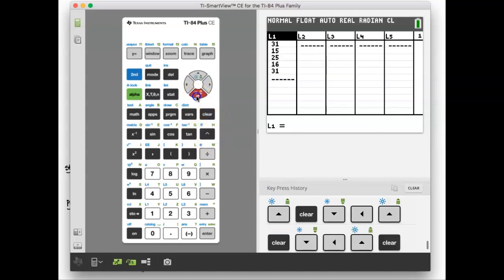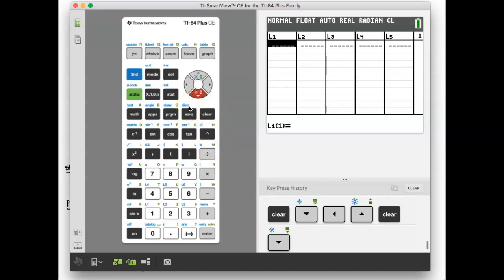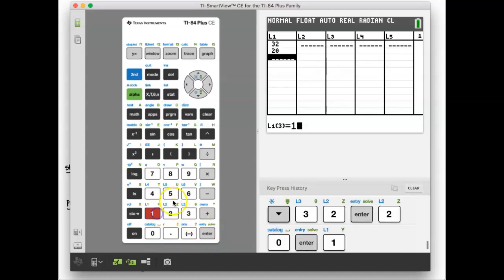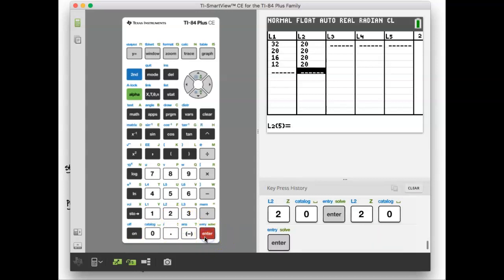All right, so list 1 is going to be our observed counts, which was quarter 1 was 32, quarter 2 was 20, quarter 3 was 16, and quarter 4 was 12. And then list 2, we want our expected counts, which we would have expected them to all be 20 if it was a uniform distribution. And then like Katie pointed out, we don't have to do the list 3 thing here. We can just let our calculator do that heavy lifting for us.